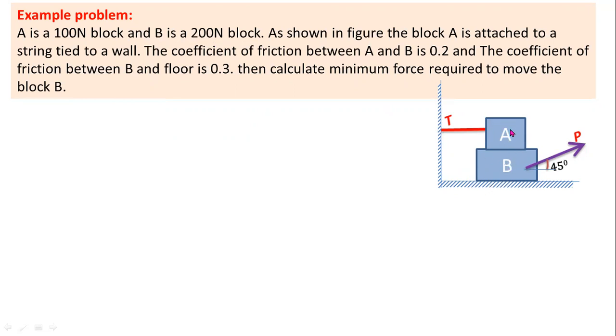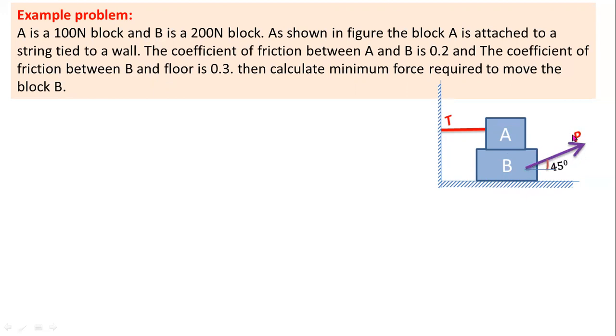The block A is attached by a string T to a vertical wall. The coefficient of friction between blocks A and B is 0.2, and the coefficient of friction between block B and the horizontal floor is 0.3. Then calculate the minimum force required to move the block B.